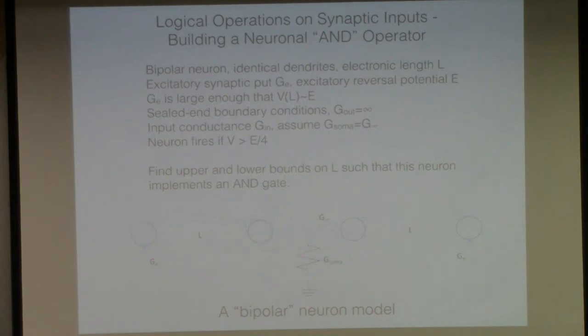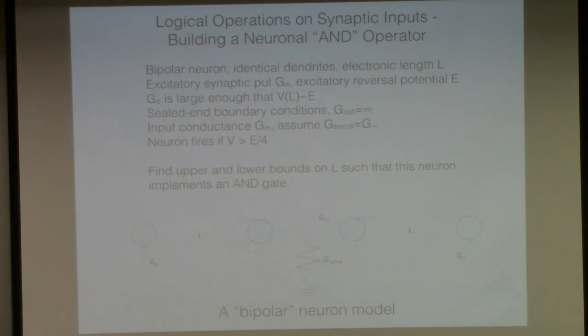So that one input can increase voltage at the soma effectively. And if it does so enough to be above threshold, then one input alone can electrically activate and fire this neuron. That's not an AND gate. We don't want that. We want this neuron to only fire when two inputs arrive together. So how do we figure out how to build this AND gate? Now imagine moving those inputs further and further away from the soma.